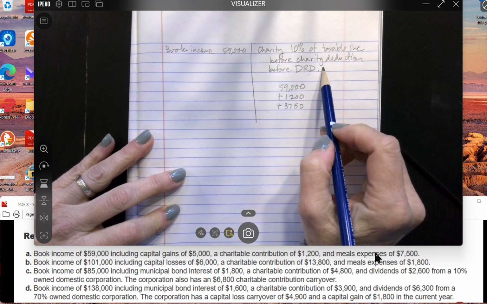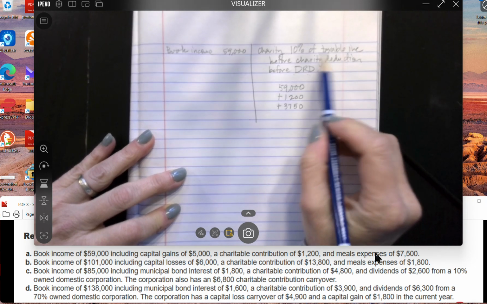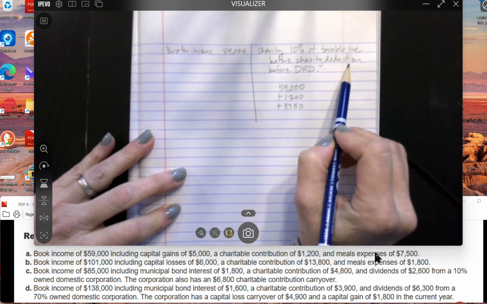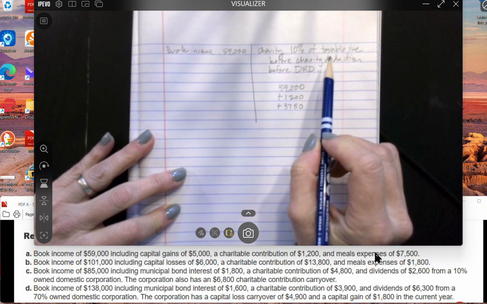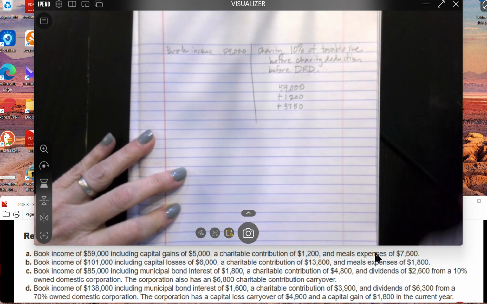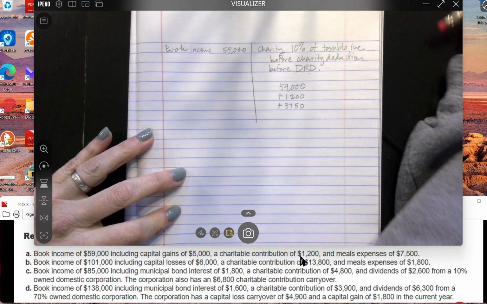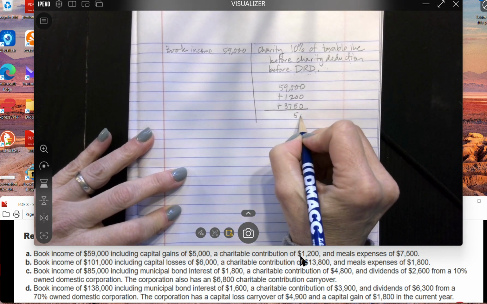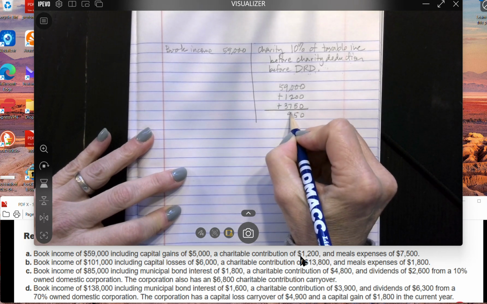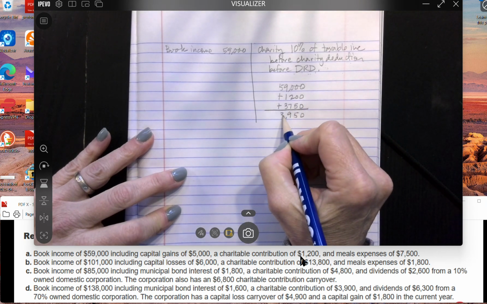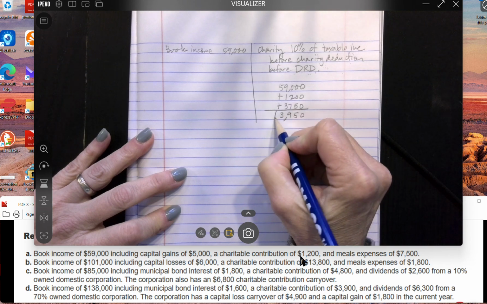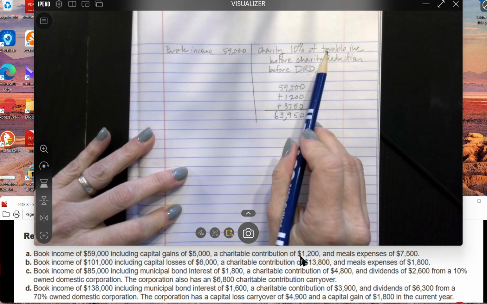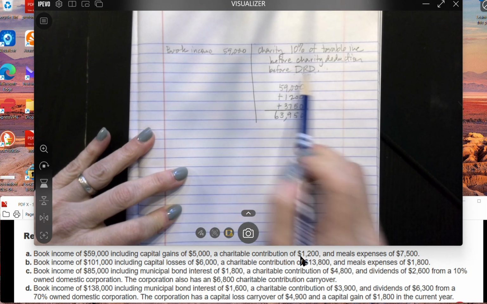So again, we are doing this calculation to determine what our taxable income is before charity deduction and before DRD, so that we can take 10% of it to see if we can take all of this charitable contribution. All right, so if we add these together, that is $63,950, our taxable income before charity deduction, before DRD.